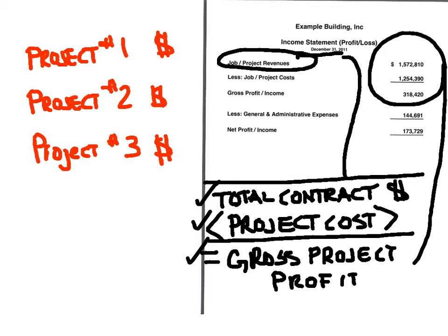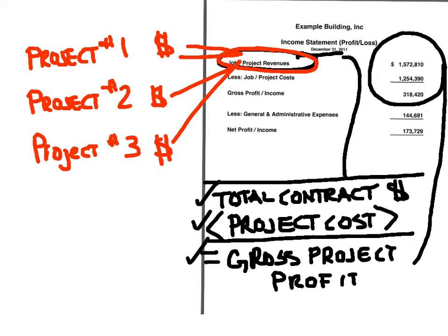To make it simple, let's assume in this example that all three projects listed on the left-hand side, projects 1, 2, and 3, started and ended within a given year, between January the 1st and December the 31st, in this case of 2011. And let's assume that the total contract amount for each project was collected in payment from the owner or the client that we were doing business with. So if we collected all of our dollars due to us as the contractor up to the contract amount, those dollars would equal the total revenues for the year.